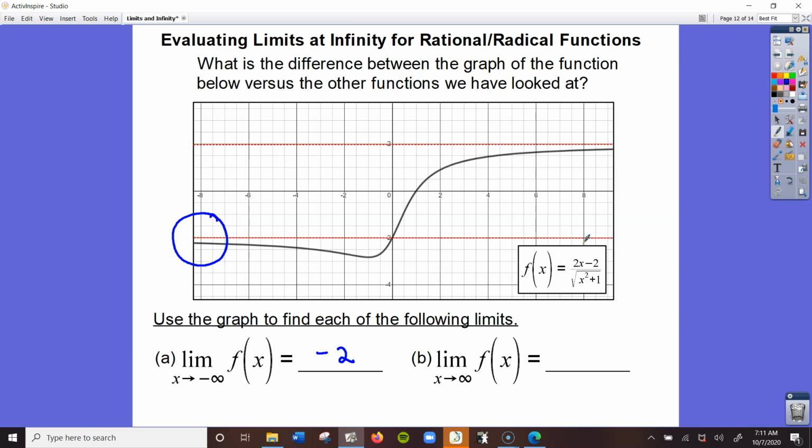And the limit as x is approaching positive infinity is approaching another asymptote, which is 2. Keep in mind that yes, my function here did cross the horizontal asymptote in the middle. Horizontal asymptotes are not like vertical ones. Your function can cross it. However, the ends won't. That's the difference.